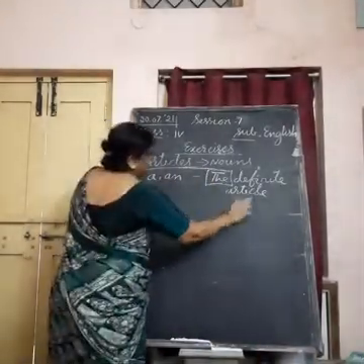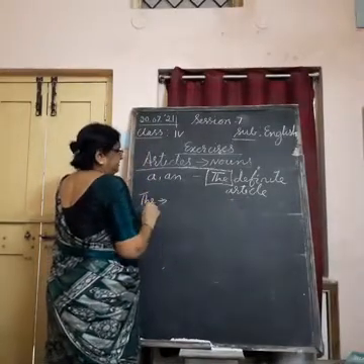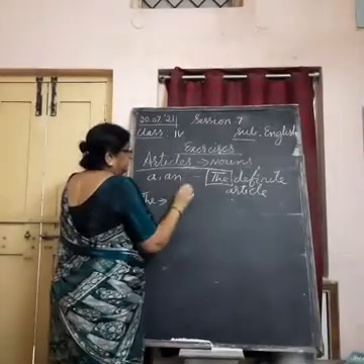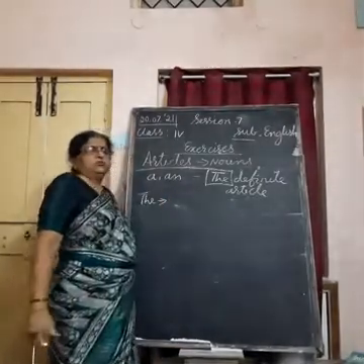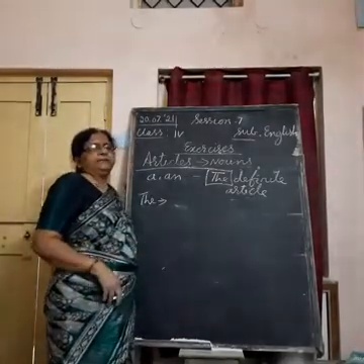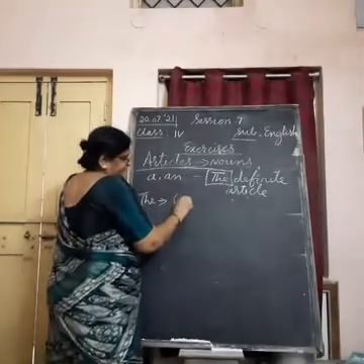Next, we use the with the consonant word also. I said just now how to use it. A cow, a pencil, with company names.